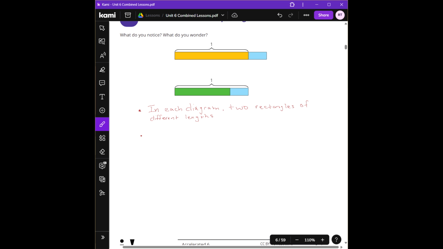Another thing we could look at is we could say the yellow rectangle is the same length as the green and blue rectangles put together.